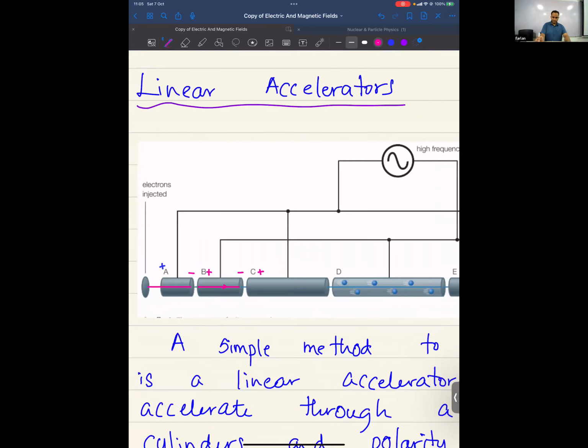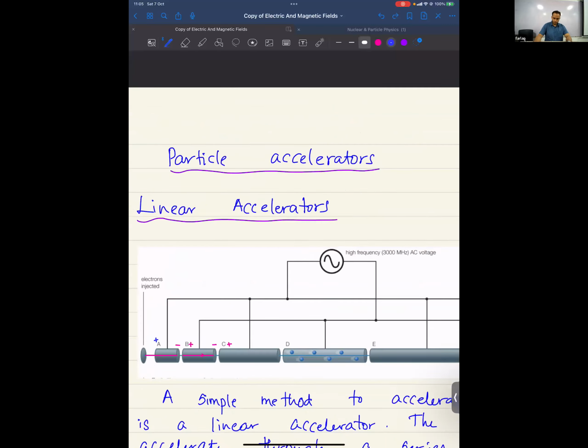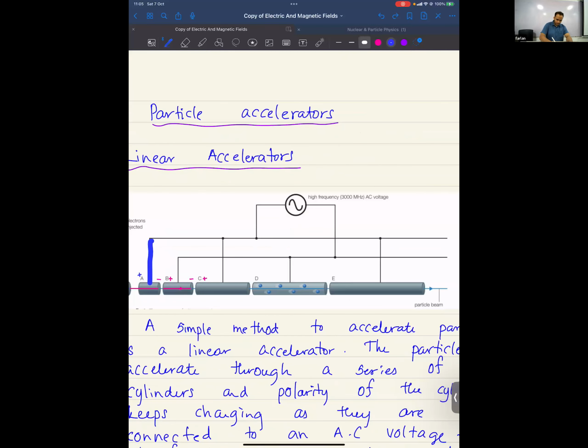So look at the arrangement. It's beautifully connected. All the alternate cylinders are at one voltage: A, C, E, these three are at one voltage.